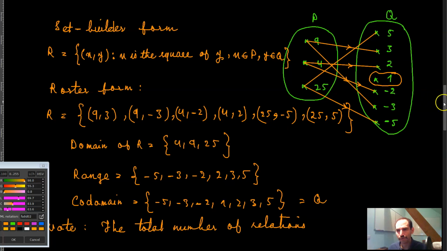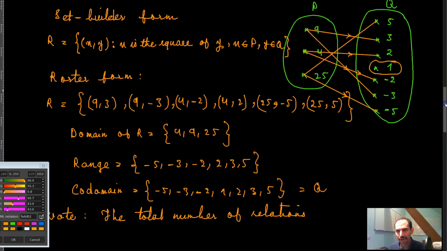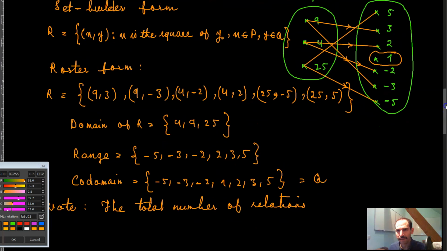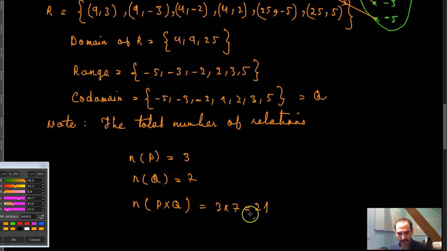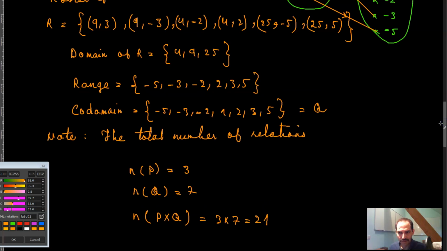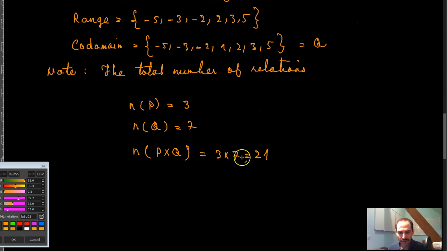Now these 21 pairs, in this case, if n of P is equal to, for example, 3 and n of Q is equal to 7, then n of P times Q, which is the number of the elements that you find in the Cartesian product of P and Q, is 3 times 7, which is equal to 21, right? So 21 elements you have in there.